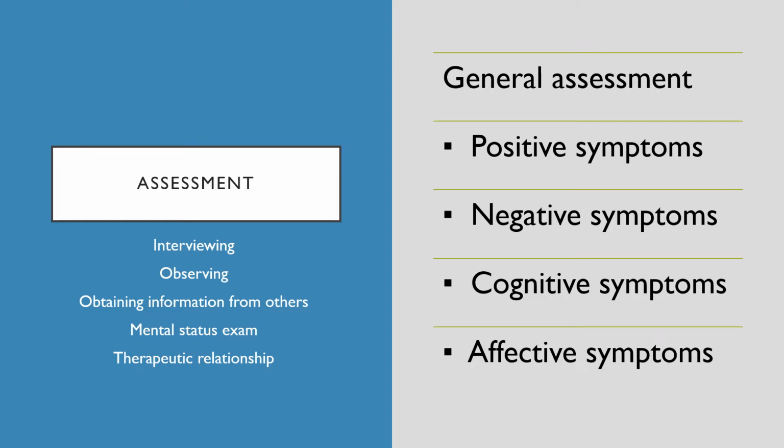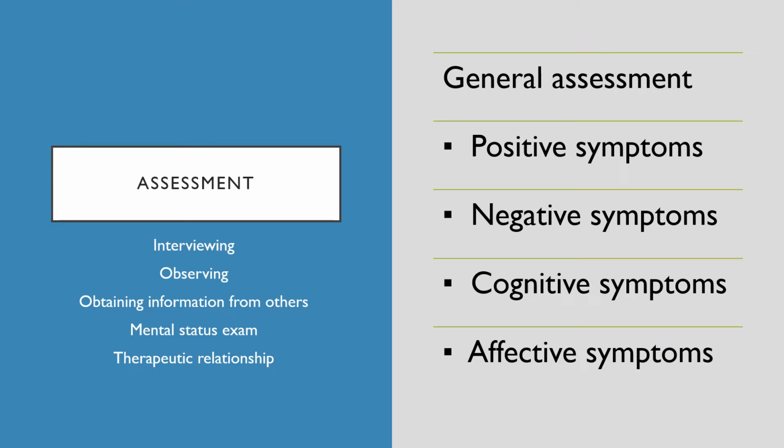As far as general assessment, when we think about positive symptoms, this is the presence of something that should not be present. So we're talking about hallucinations, delusions, paranoia, disorganized thoughts, right? They have the presence of these things that should not be present. Those are positive symptoms. Negative symptoms is the absence of something that should be present.